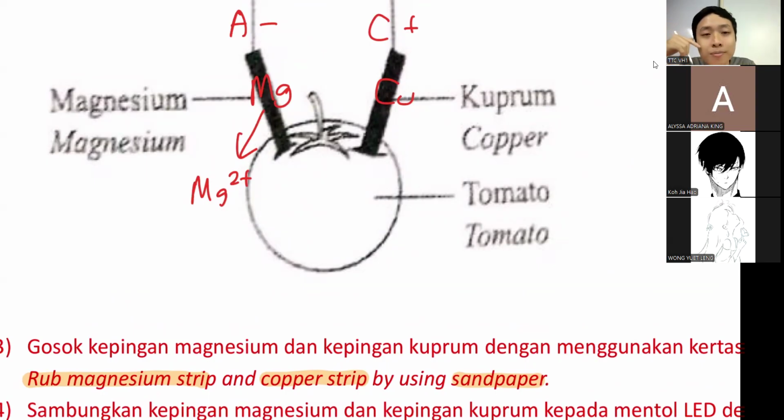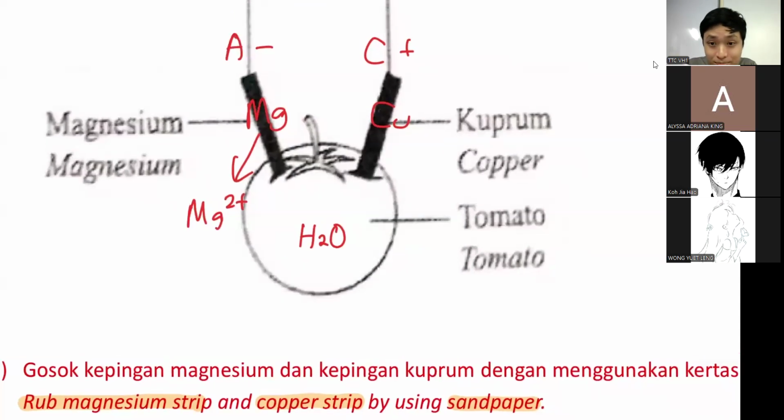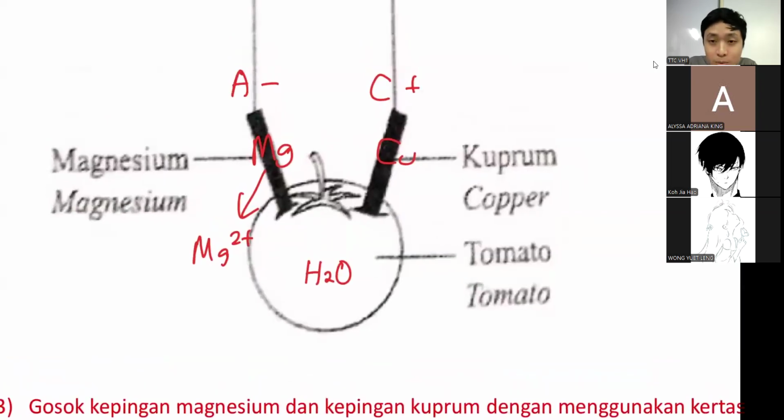What ion do you have? Isn't it watery inside? Obviously, got water. Got water, then got what ion? Yes. So same thing: the anion goes to the anode, the cation goes to the cathode.